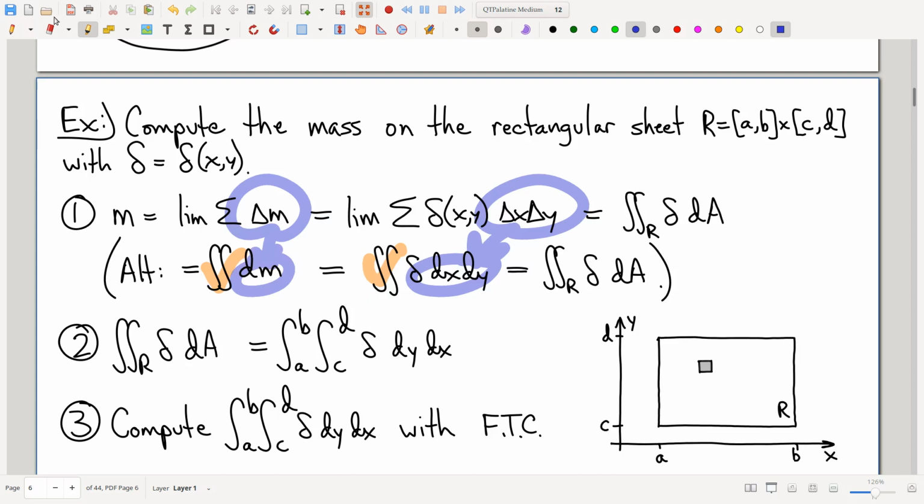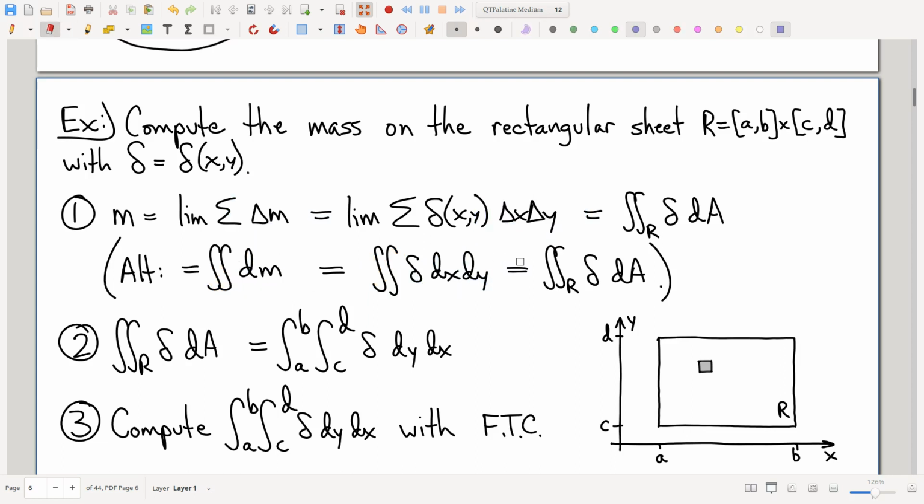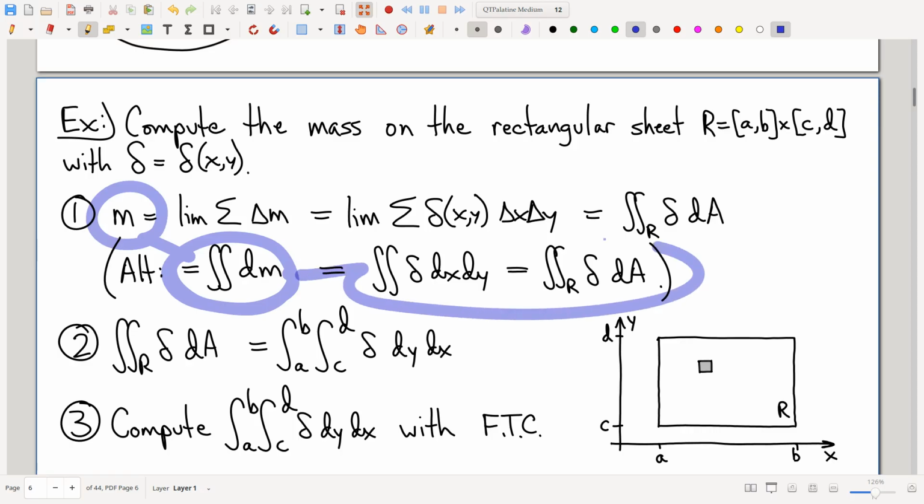So a very common and reasonable notation for this development that we just talked through, our step one, would be to say m equals double integral dm, that's just whole as the sum of the parts, and then pick your favorite notation for how to rewrite that as a double integral. Because after all, a little piece of mass is mass density times size. So very common, very reasonable.